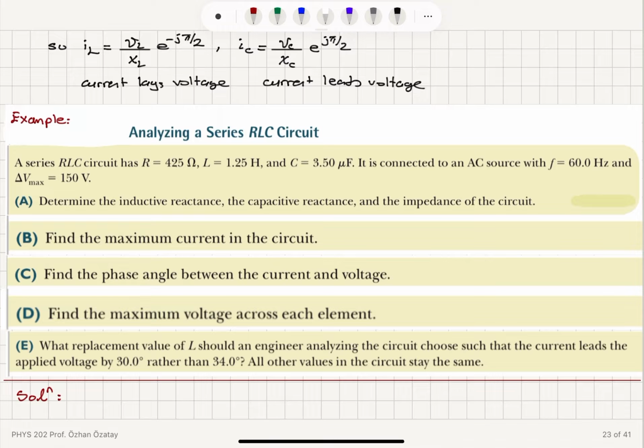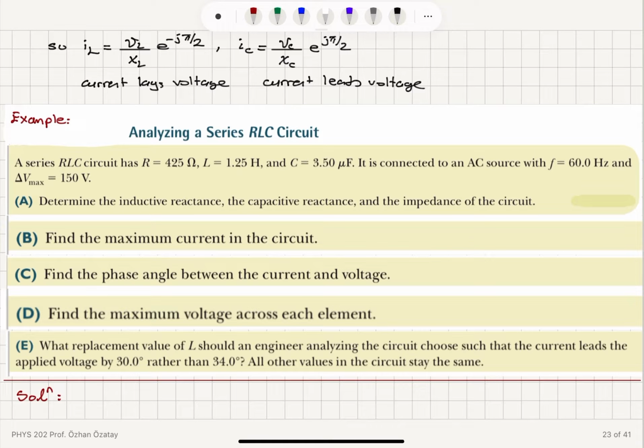Okay, so for the current flowing through the inductor, it's VL over XL e to the minus j pi over 2, current lags voltage as expected, and IC is VC over XC e to the j pi over 2, current leads voltage as expected. So this matches our previous phasor analysis. So we have two approaches. We can use complex impedances or phasors to figure out the current voltage phase relationship.